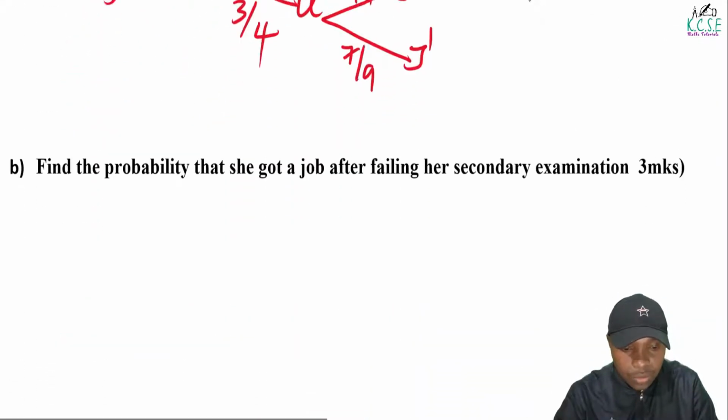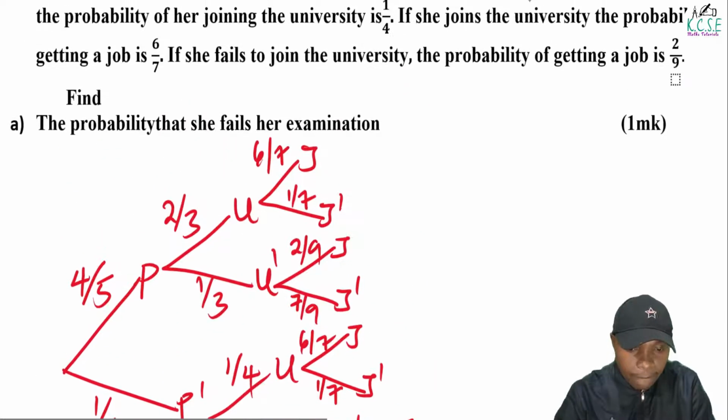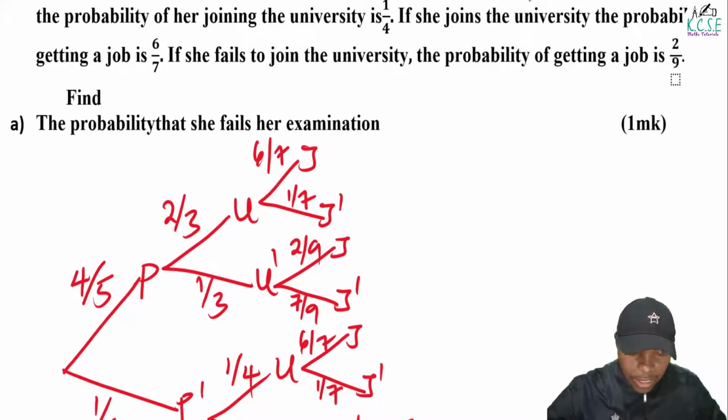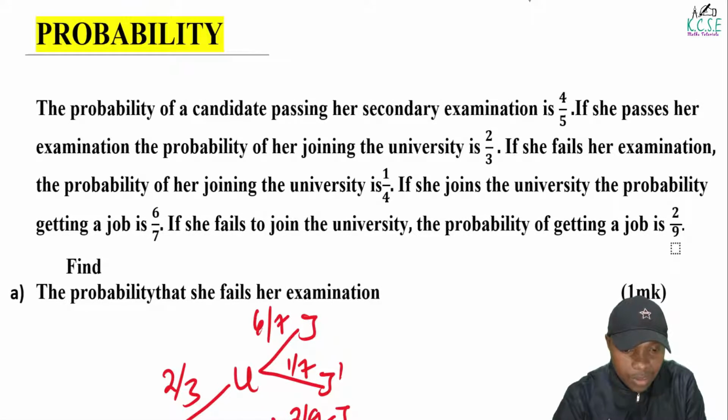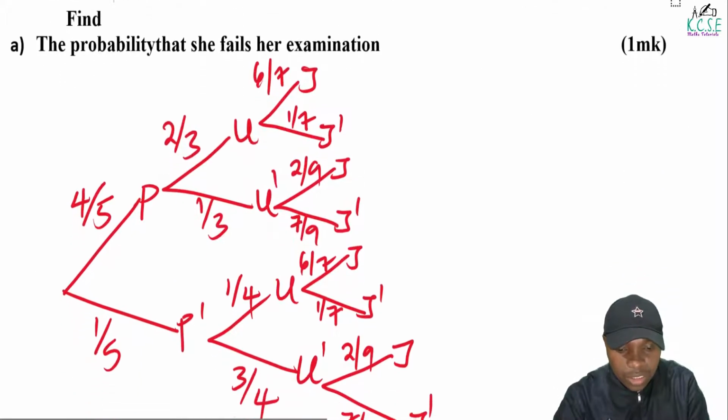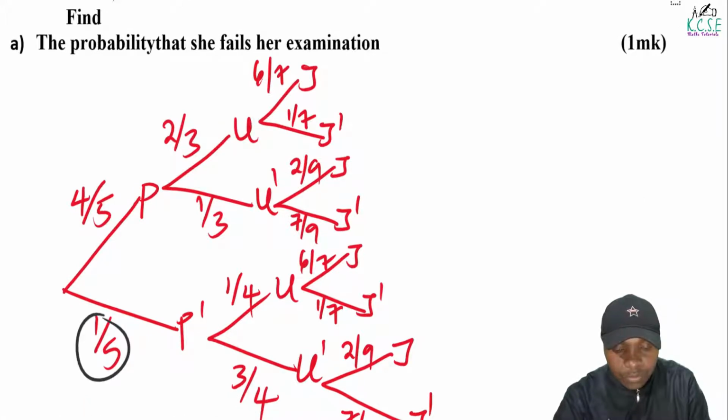Now let's go to the question: the probability that she fails her examination. This is very simple, I think the simplest question. The probability of passing the examination is 4/5, so the remaining fraction, 1/5, is failing.